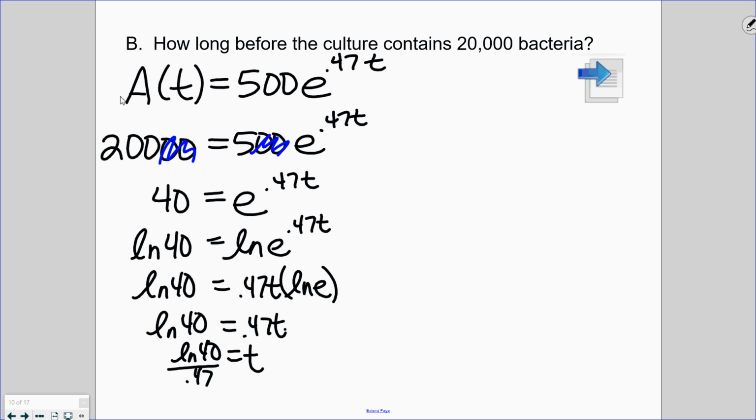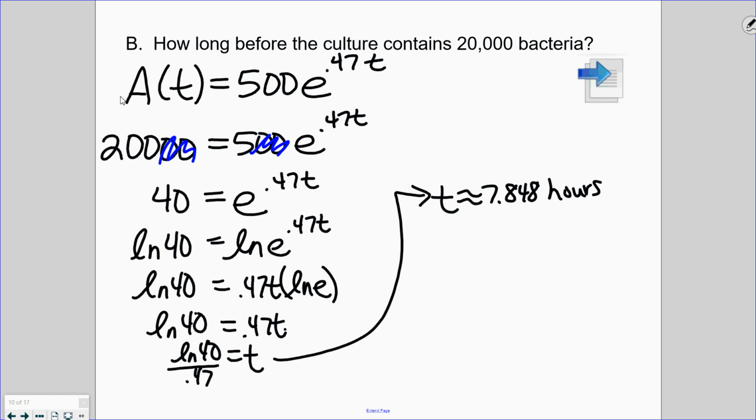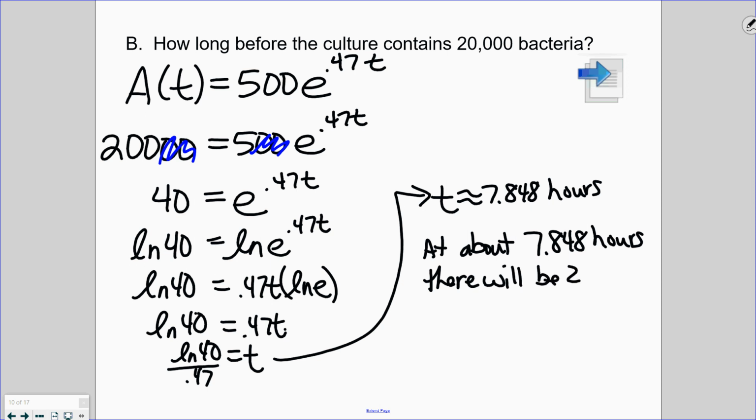If we put that in the calculator, we're going to get t is approximately 7.848 hours. So the answer would be at about 7.848 hours, there will be 20,000 bacteria.